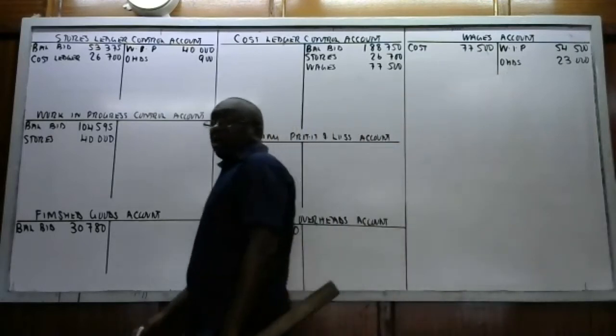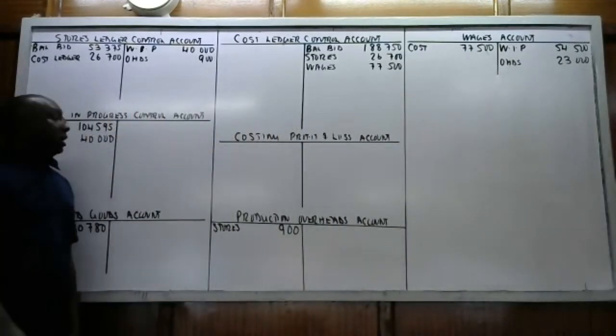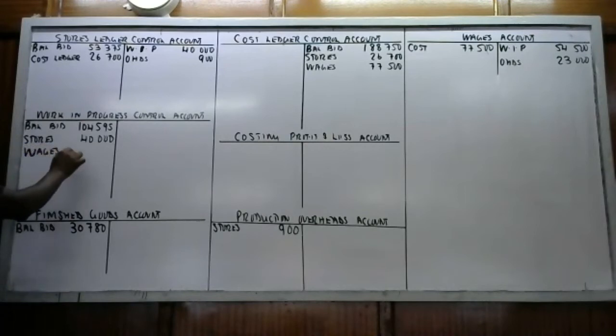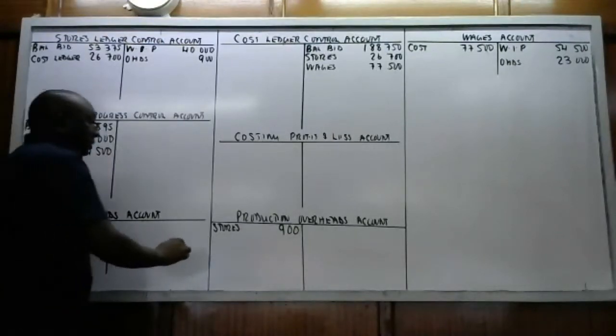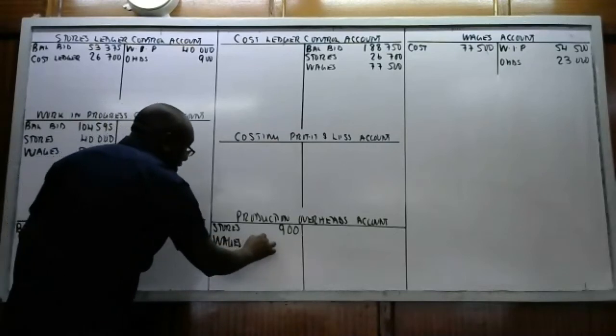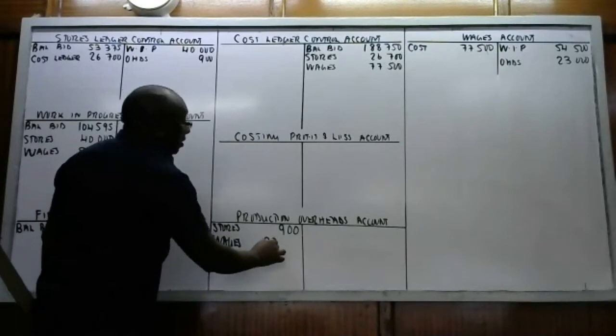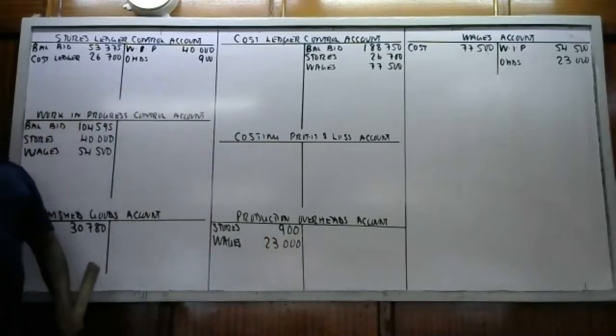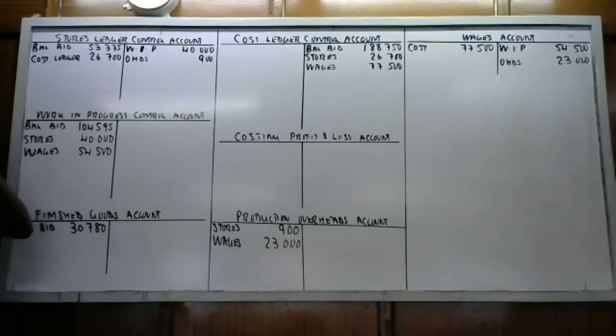So we come and record those appropriately. We debit work in progress because of wages, 54,500, and overheads because of wages, 23,000.